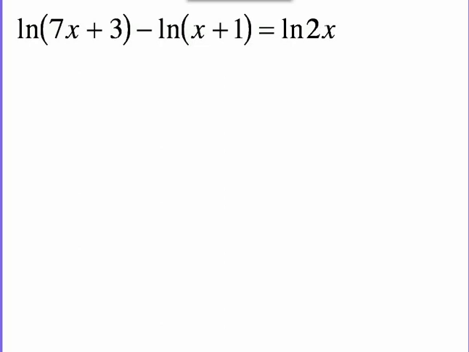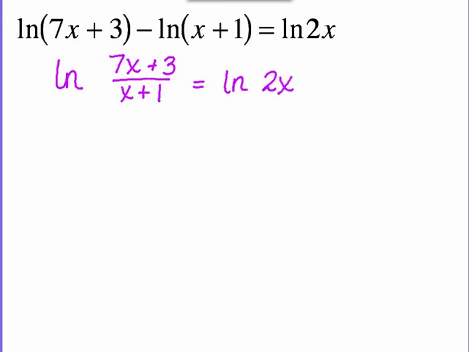So I end up having ln of 7x plus 3 over x plus 1 equals ln of 2x. To undo it, I'm going to do e to both sides. And so I'm left with ln's cancel. 7x plus 3 over x plus 1 equals 2x.